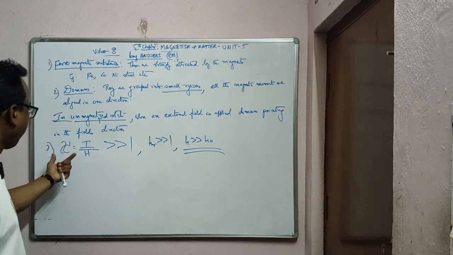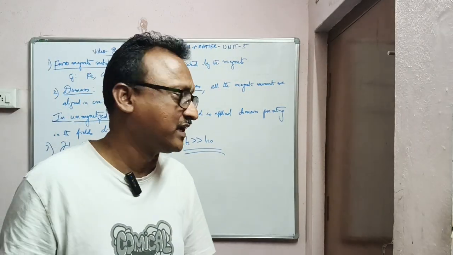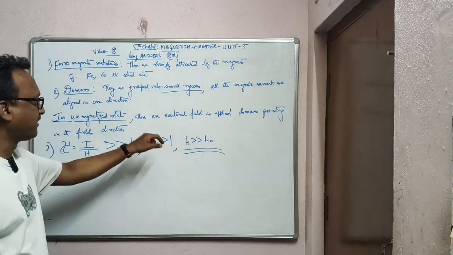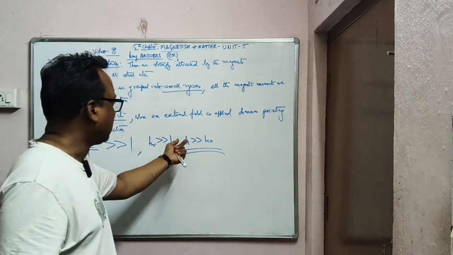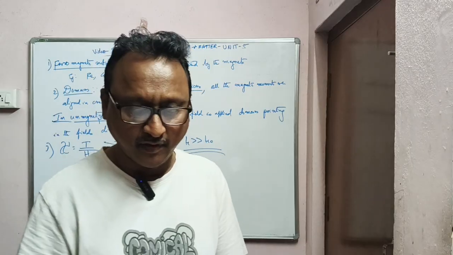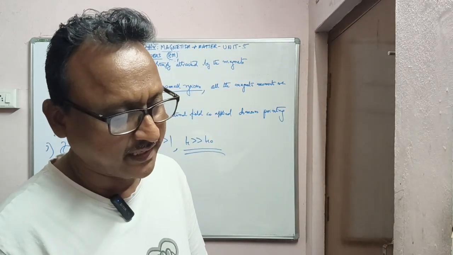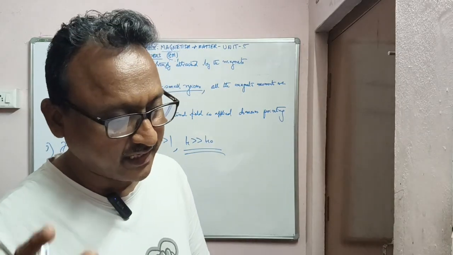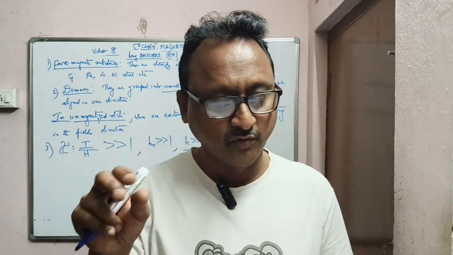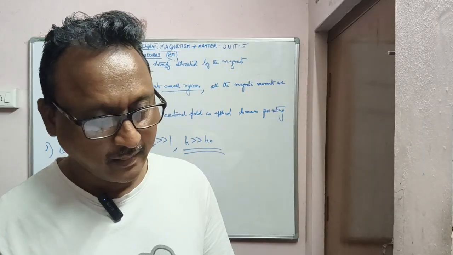The magnetic susceptibility I by H, the ratio of intensity of magnetization to the magnetizing field, is greater than 1, and the relative permeability and the absolute permeability are very much greater than the permeability of free space, as already given in the table, compared to para and diamagnetic substances.